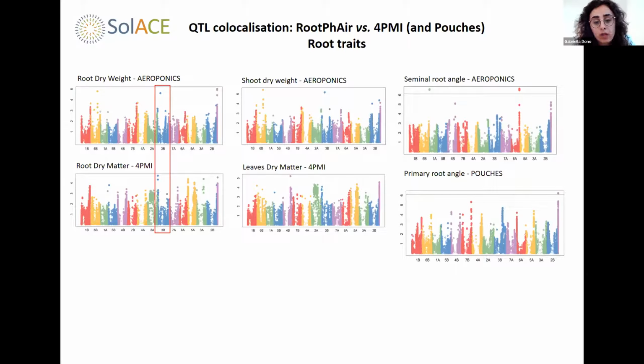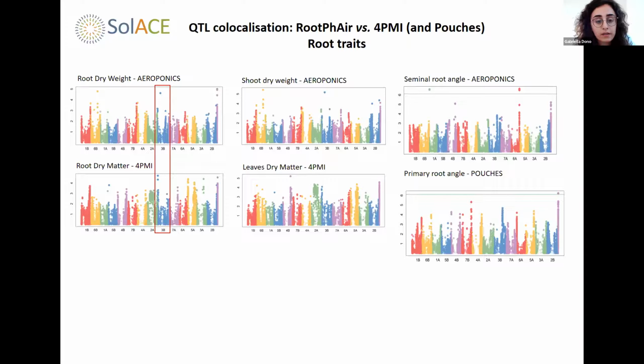But the same was not possible for similar variables measured with different platforms, like, for example, seminal root angle and primary root angle. An explanation of this could be the fact that these variables were measured with different protocols and methods.